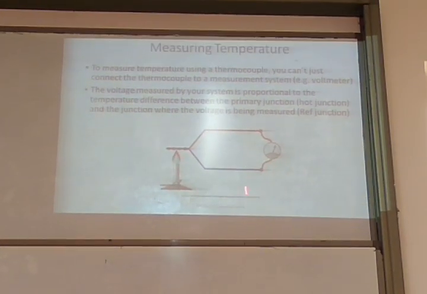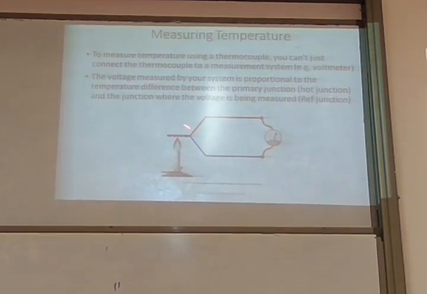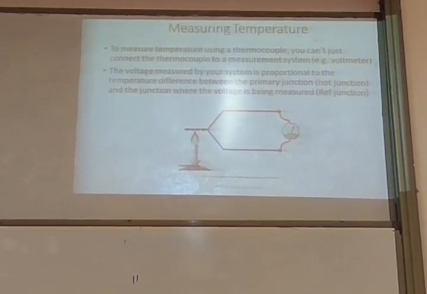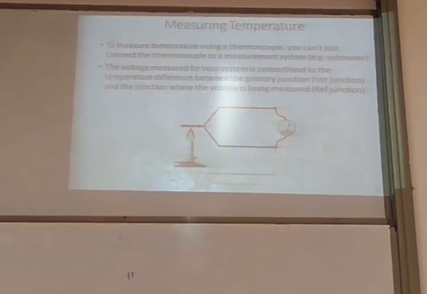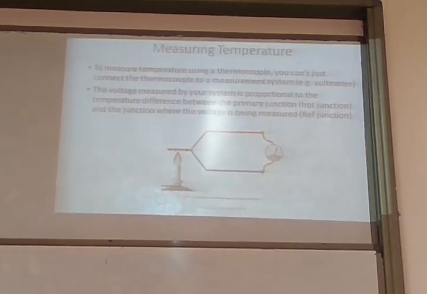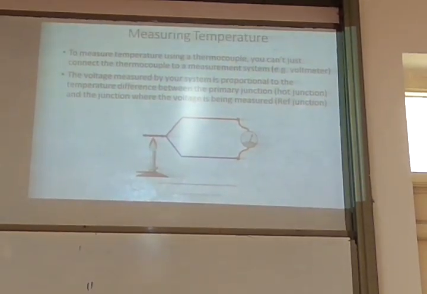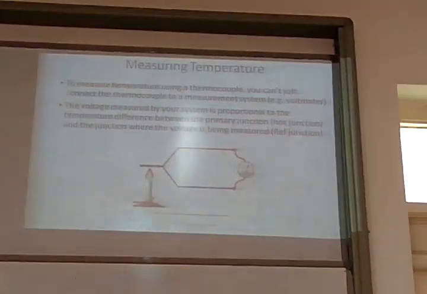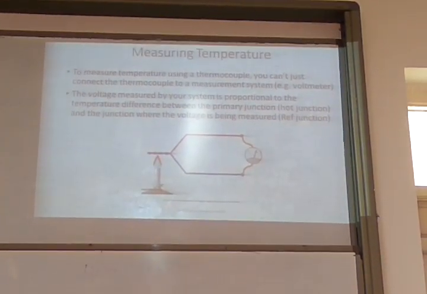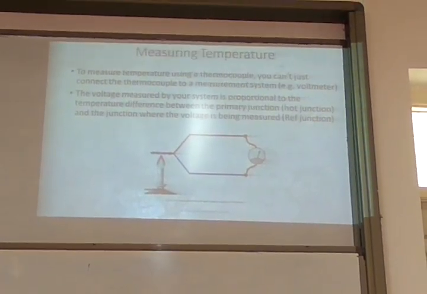If you don't know the temperature here, you will not be able to quantify the temperature there. Because V is directly proportional to delta T. Delta T means T2 minus T1, for example. If you want to know T2, you should know T1. T representing temperature.